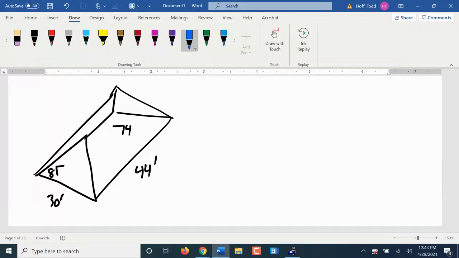Now what I'm going to ask you to find is D, the length of the top ridge, theta, which is that angle there, and alpha, that angle up there. And of course, again, total roof area.